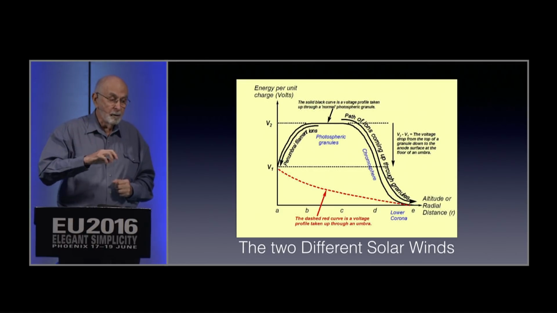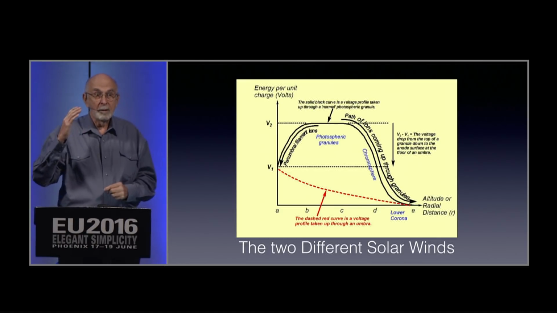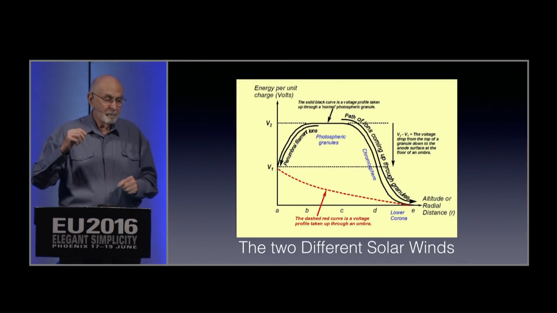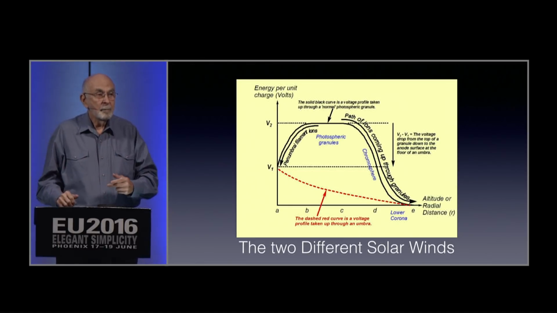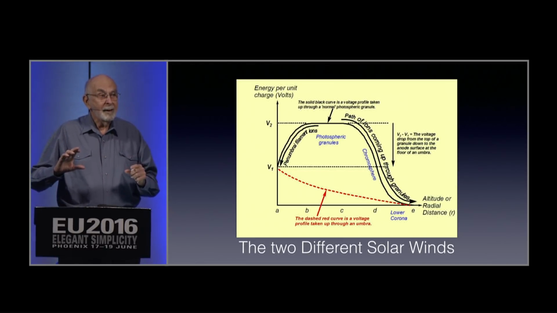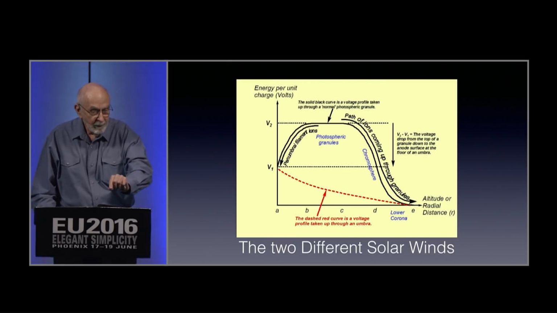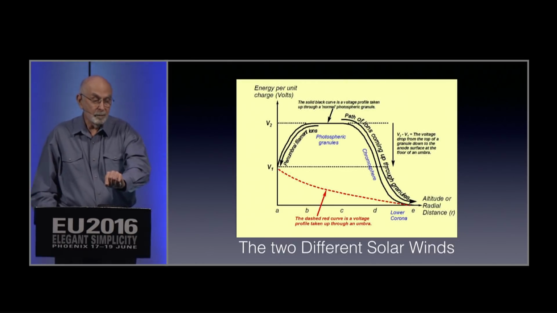But at an umbra, there is no dam wall. That's D-A-M. So they flood out voluminously, but they don't fall from such a high height. They fall from V1 out to the low voltage of the corona.